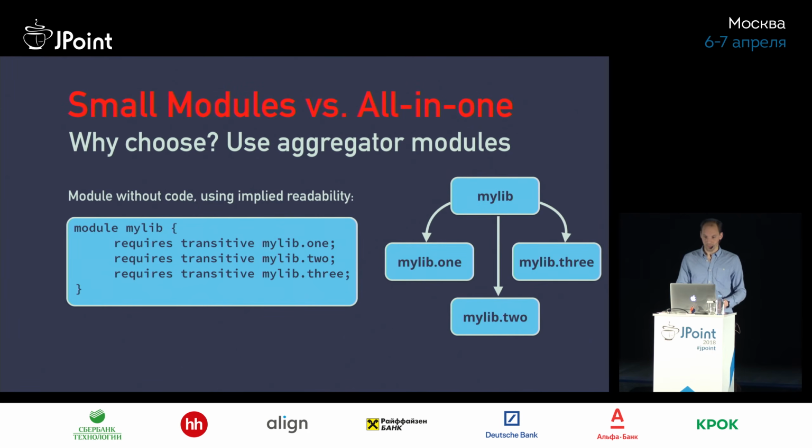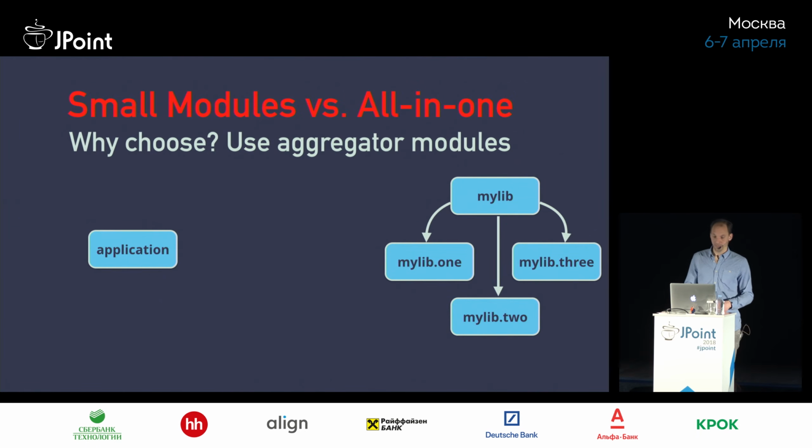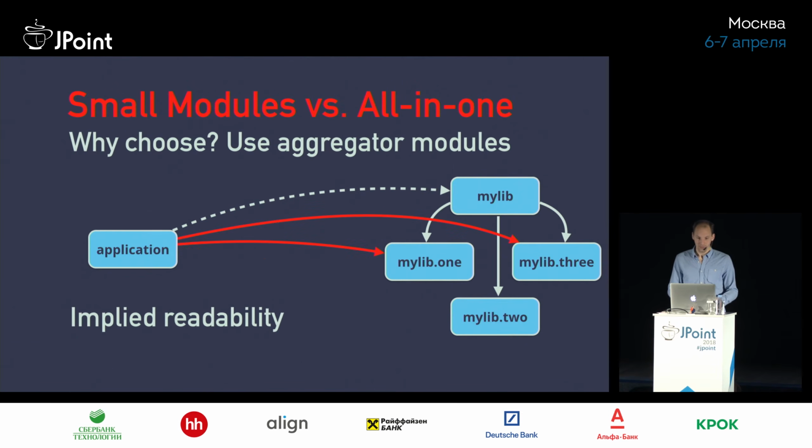And what you can do now, with this sort of aggregator module on top, so mylib, which has the requires transitive to the 3 parts, is if you have an application and the application requires mylib, then because of this requires transitive statement, and this feature is also called implied readability, the application will get implied readability to all 3 parts that are in the mylib module descriptor.